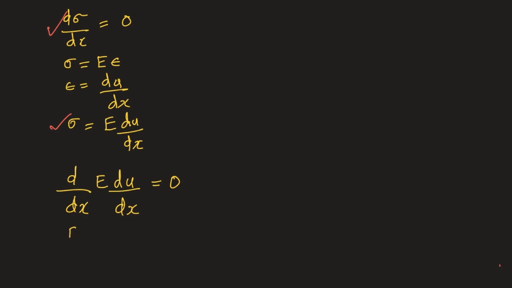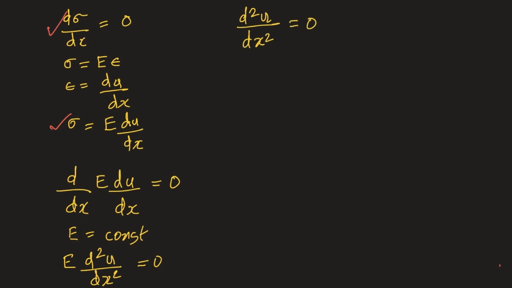The Young's modulus is constant, E is equal to constant, therefore we can write this equation as E into d square u by dx square is equal to 0, or simply d square u by dx square is equal to 0. Now this equation is our governing equation.